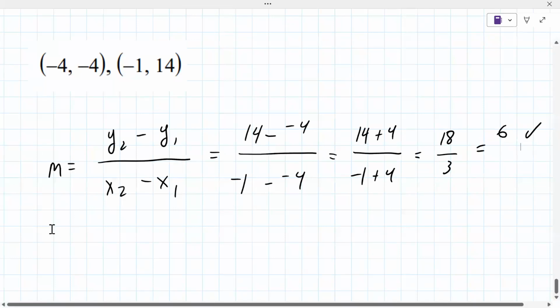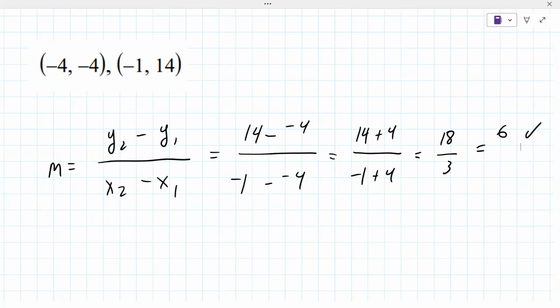So what do you think is the hardest part about doing these types of problems? I think just remembering where the numbers go, like the x2 and the x1. Okay.